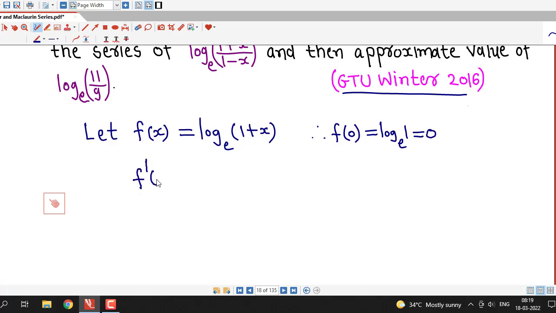Now we compute first derivative. Derivative of log x is 1 by x. Instead of 1 by x, here we will have 1 over 1 plus x. Therefore first derivative at 0 is 1 divided by 1 plus 0, that is equal to 1.